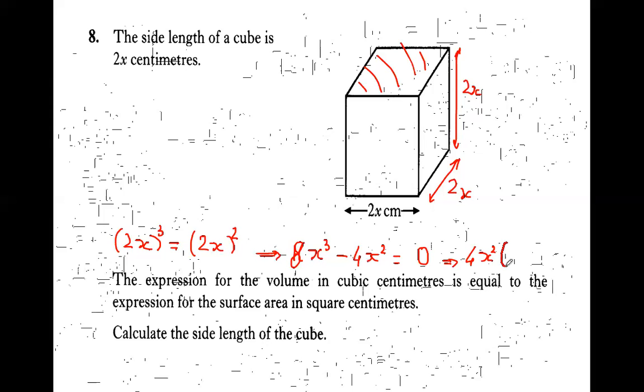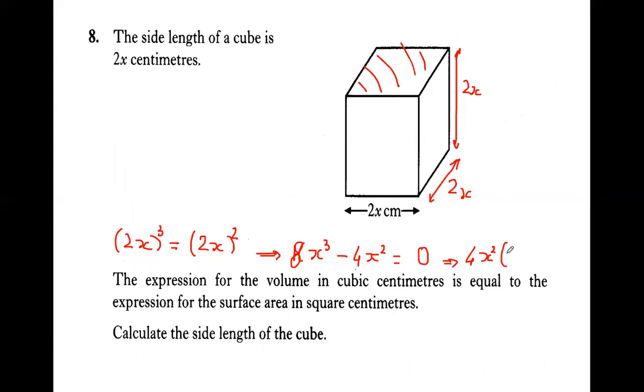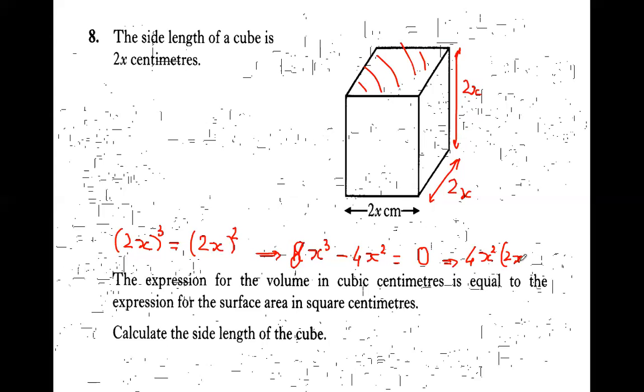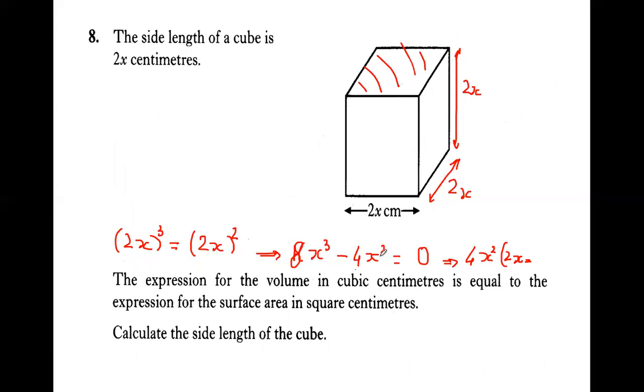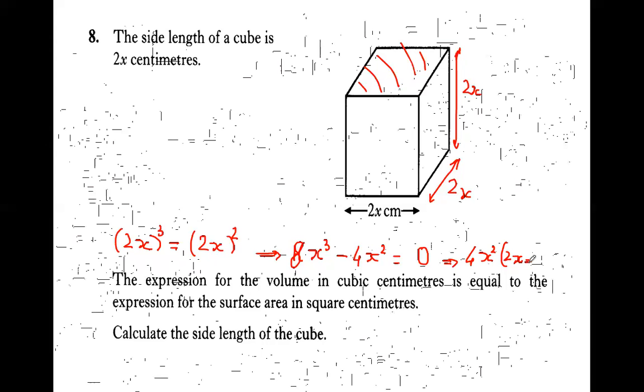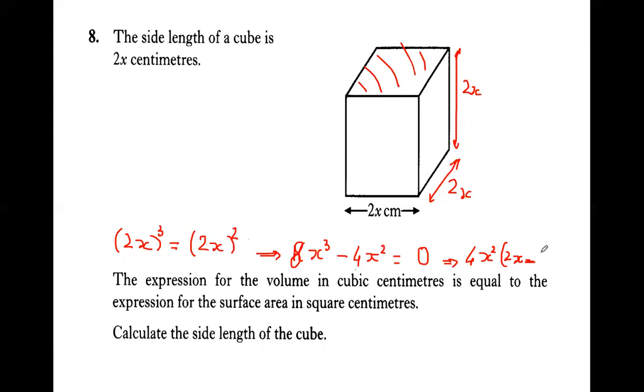So 4x squared times 2x minus, I've got 4x squared, so 4x squared times what? Times 1. Because if you do x, it's going to be 4x cubed, you can't do that. Equals 0.